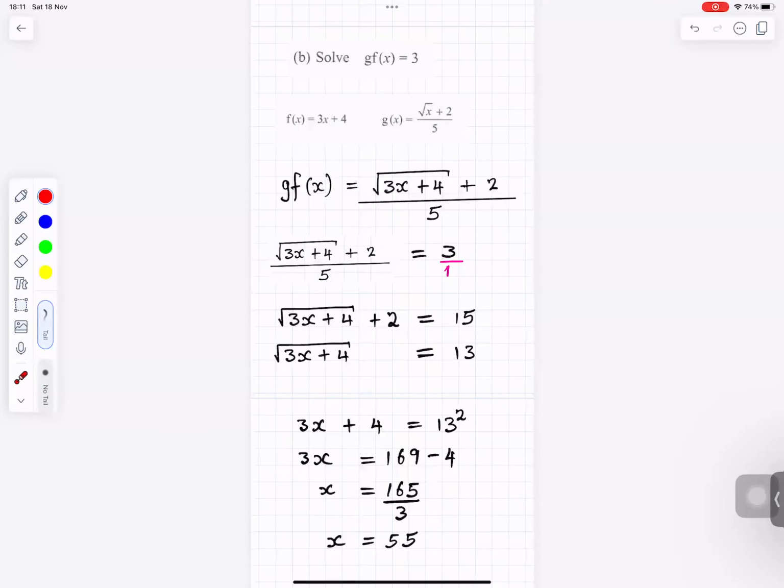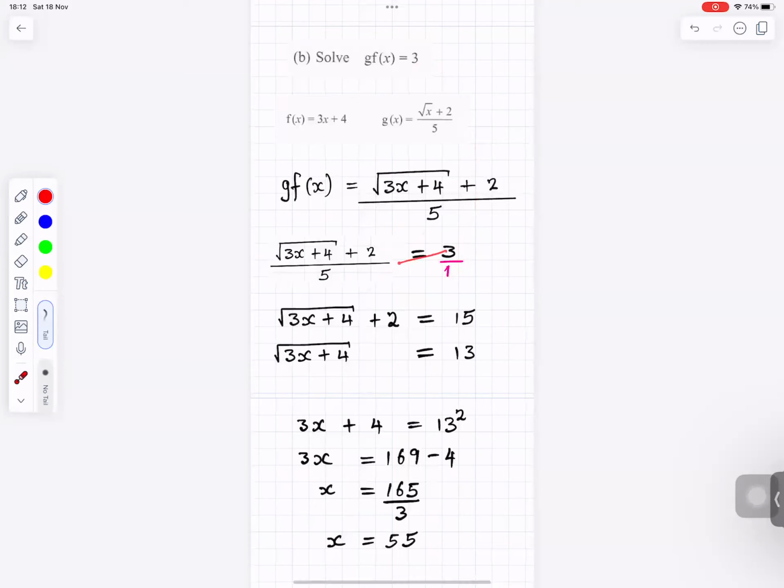But B, solve gf of x equals to 3. So we have to get gf of x first. So what we have, f is 3x plus 4. We replace x in that g of x. So it will be square root of 3x plus 4 plus 2 over 5. And they tell us that it's equal to 3. So we can write it like 3 over 1. Now you cross multiply.